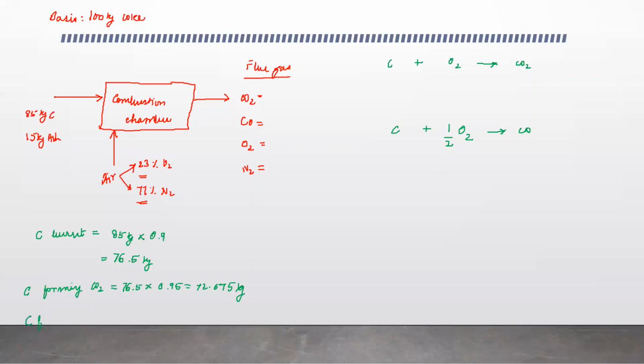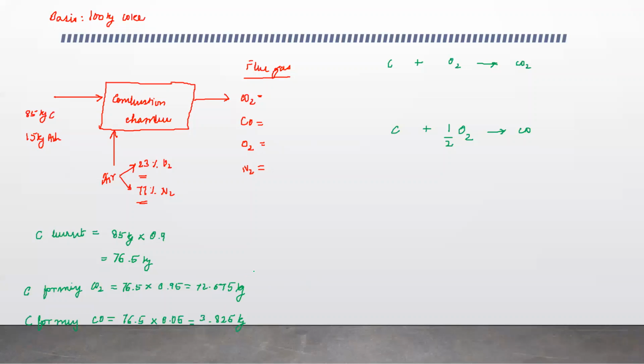And then carbon forming carbon monoxide is the remaining. So it's 76.5 into 5%, which is equal to 3.825 kg. Or you could also simply subtract 72.675 from 76.5, and that would have also given you this value.